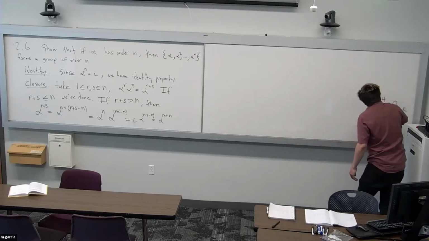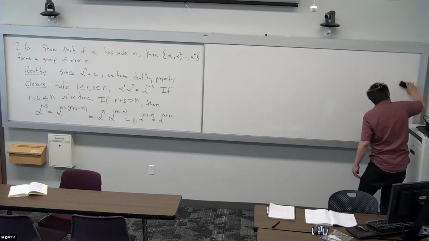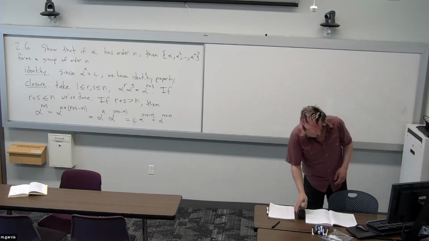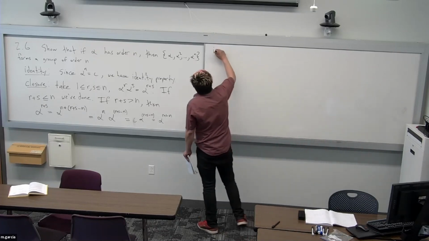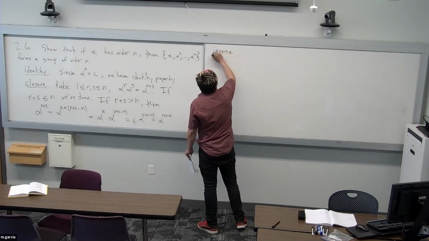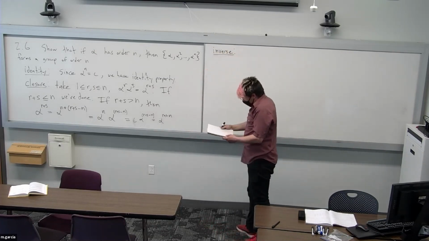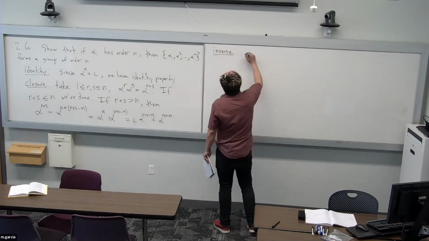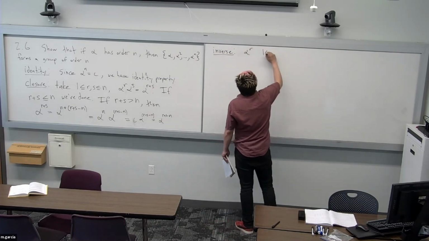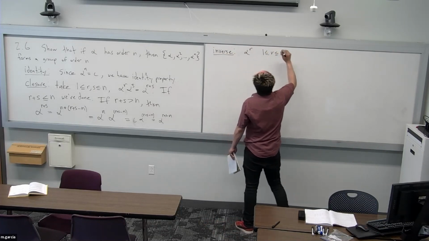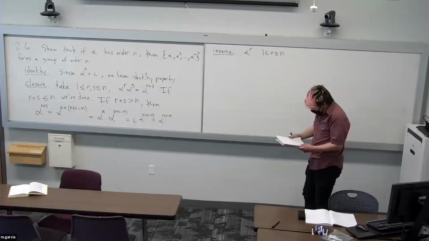Okay, so why don't we say that together? Verify that this set has the inverse property. Why don't we just take alpha to the r for r between 1 and n, right?